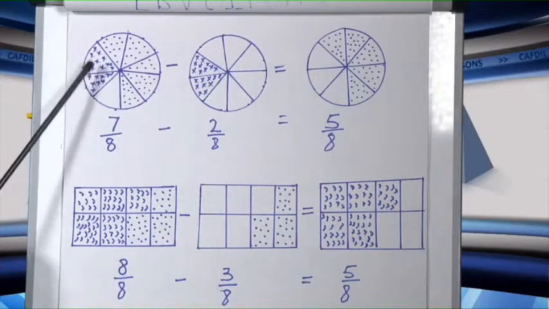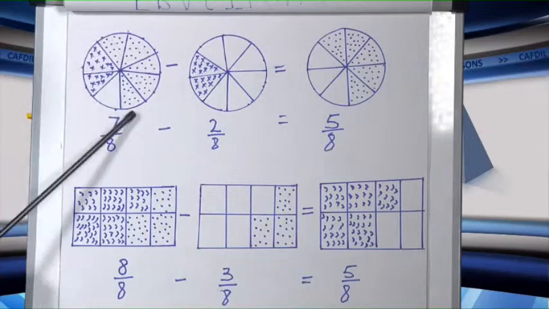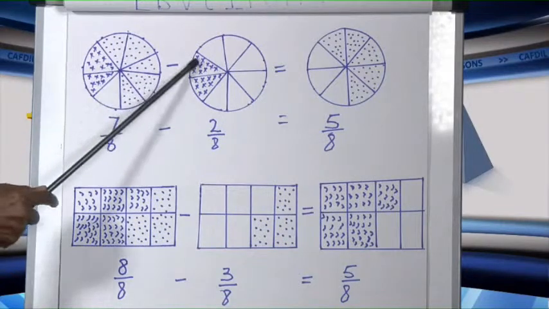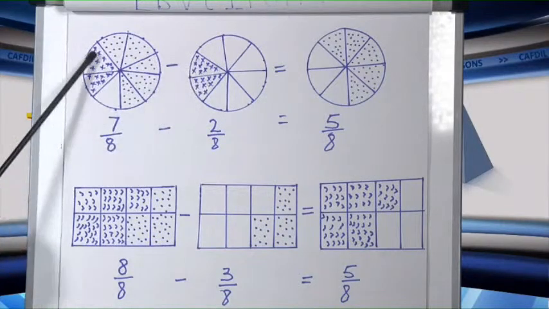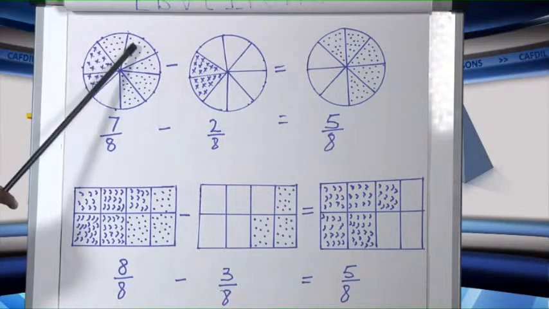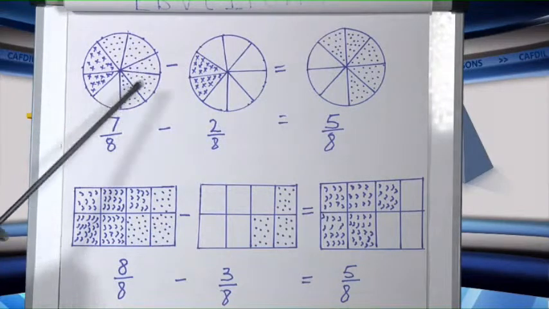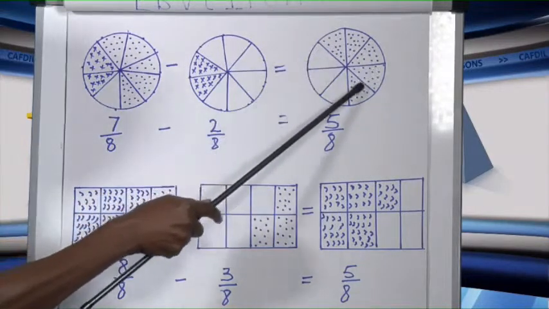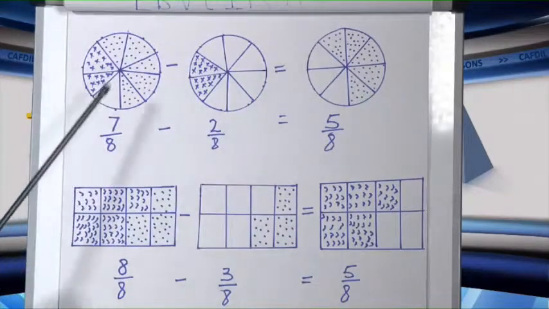Come and look at it here in the whole circle. If we take this part out, what will be left? It will be left with this part, this part, this part, this part. This is what you see here. So how many parts will be left?